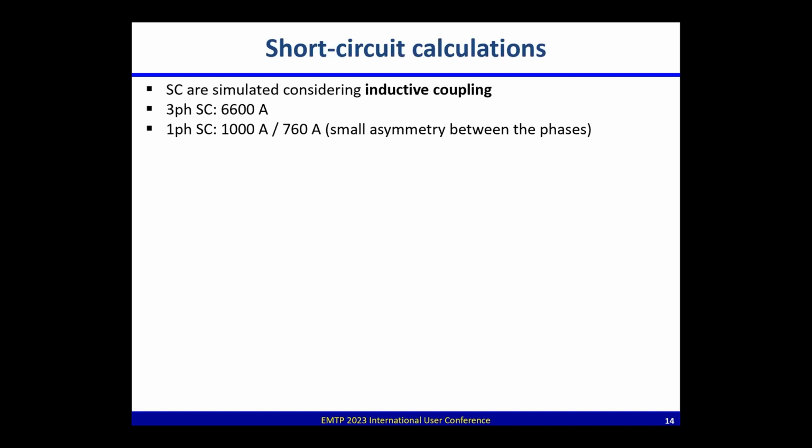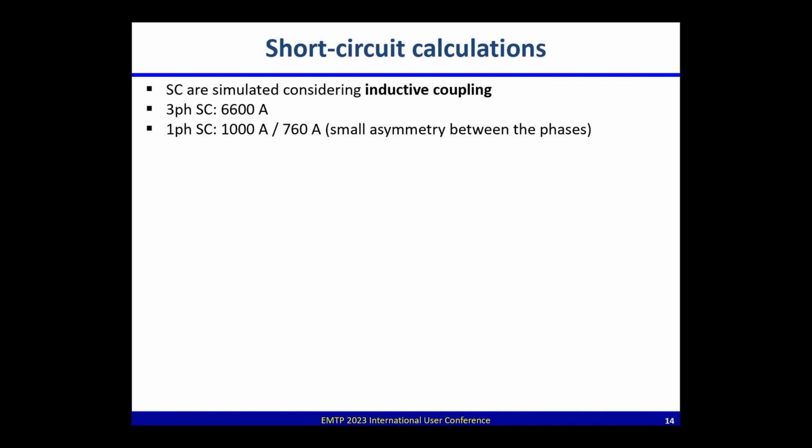But we move a step forward. We are doing now some investigations regarding the short circuit cases. So here we assume only the inductive coupling because it's the predominant one. And we have applied a 3-phase short circuit of 6.6 kiloamps. This value has been selected because this is the maximum current that can flow through the sheaths, that they can withstand.